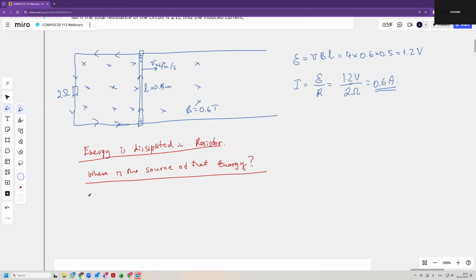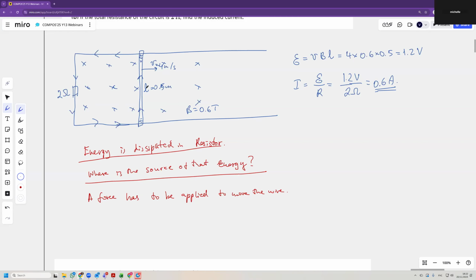In order to move the wire, you have to apply a force. Force has to be applied to move the wire. Why? Because there is a magnetic force acting on the wire. The wire is inside a magnetic field, and there's current in the wire. That means that there is the motor effect.